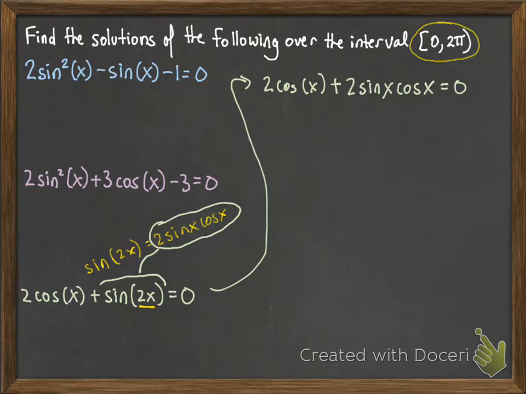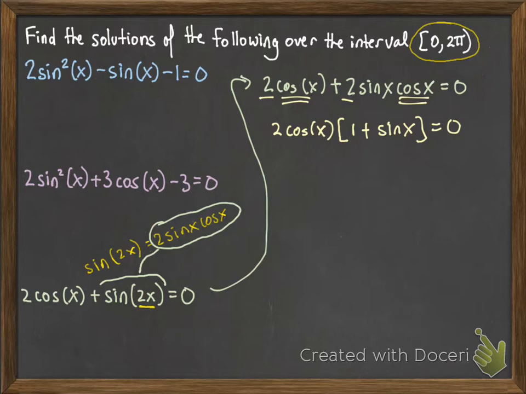We're factoring out something that's in common. Looks like we can grab a 2 and a cosine from each one of those. So let's throw 2 cosine x out in front, 1 plus sine x equals 0.